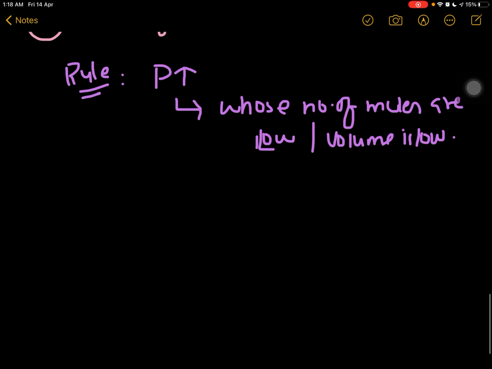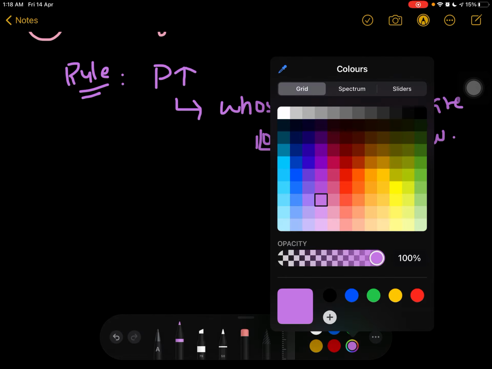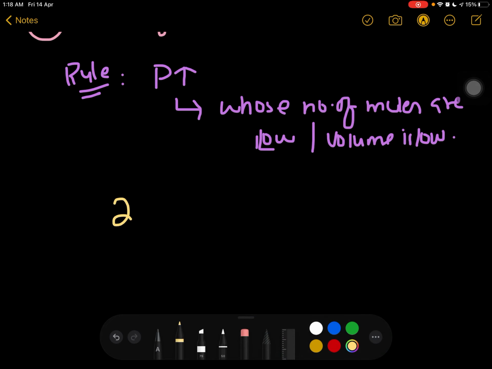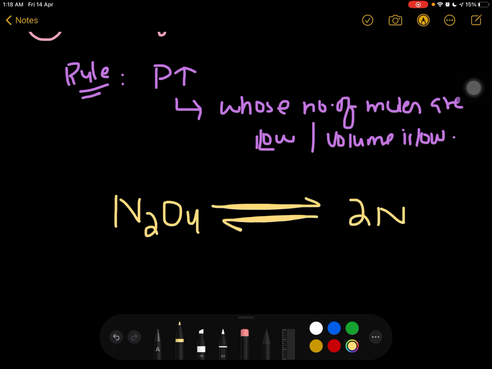For example, consider we have a reaction N2O4 and they are in equilibrium, where 2NO2 are being produced.